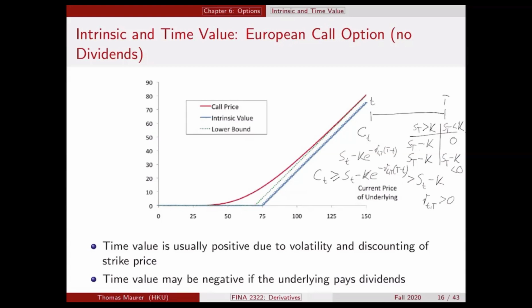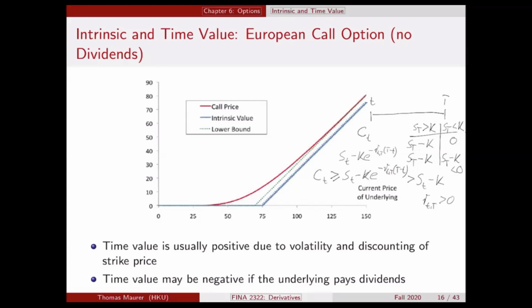So the lower bound for any call option would be either 0 value or S_t minus the present value of K. So therefore, the true call price, which includes the cherry picking right of the option, so of deferring that decision whether you want to exercise or not, on top of that lower bound, will then be given by that red line.